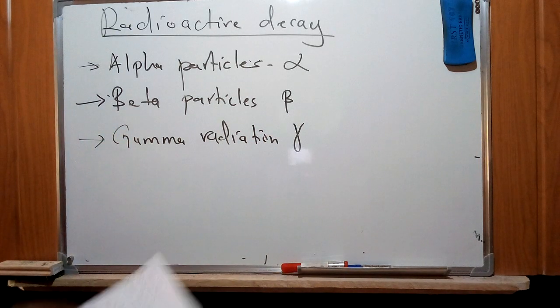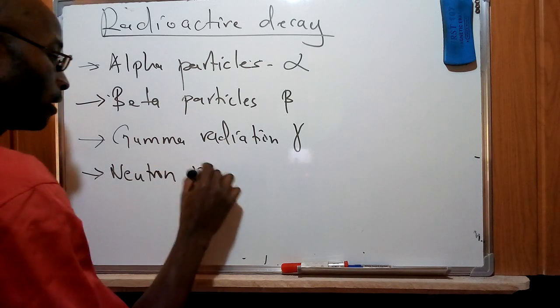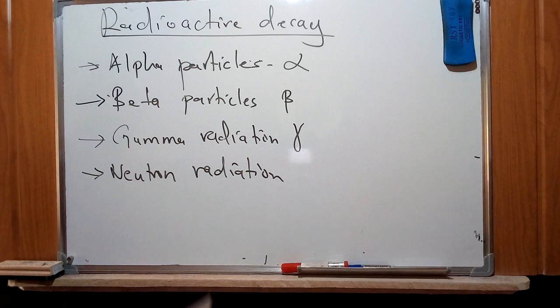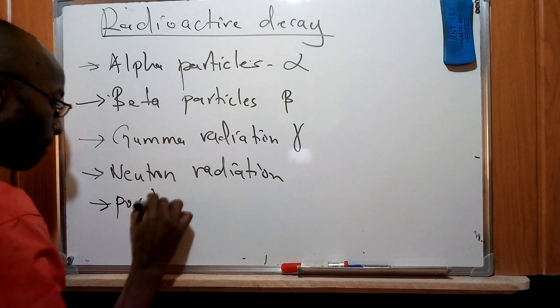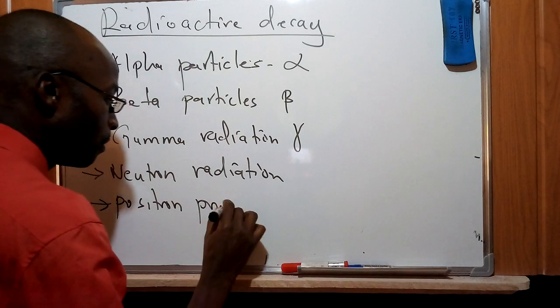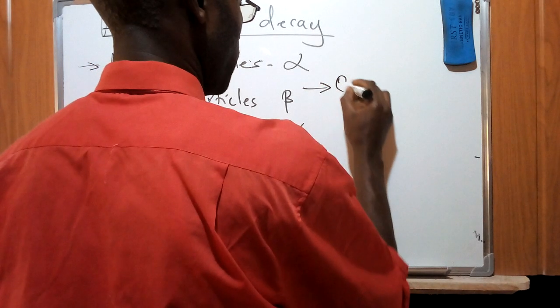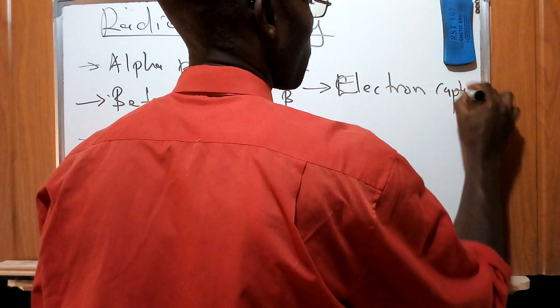And then of course we're going to look at neutron radiation, and then the production of what we call a positron, and lastly we're going to look at the concept of electron capture.